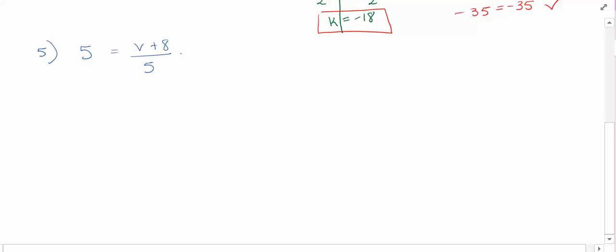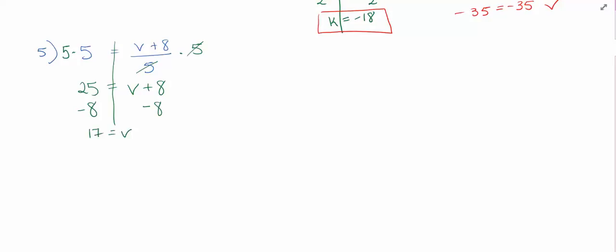So dividing by 5, I'm going to multiply both sides by 5. 5 times 5 is 25. On the right hand side, the 5's get crossed out. And now it's an easy problem to solve because you just want to get v by itself. So you're going to want to minus 8 from both sides. 25 minus 8 is going to be 17.